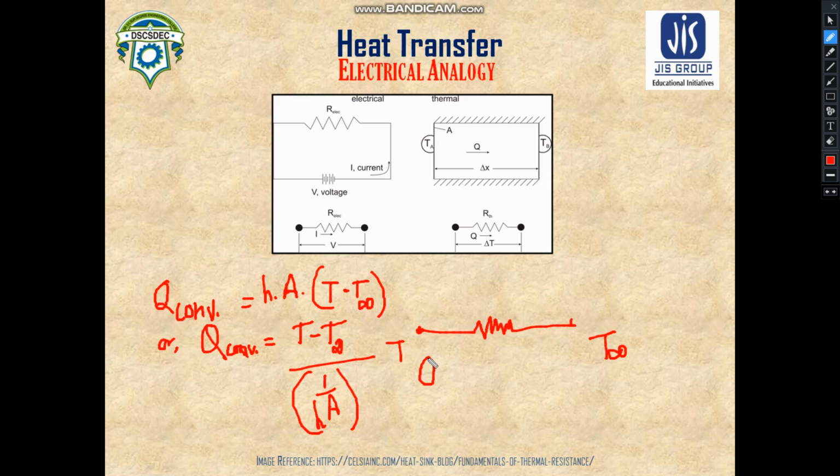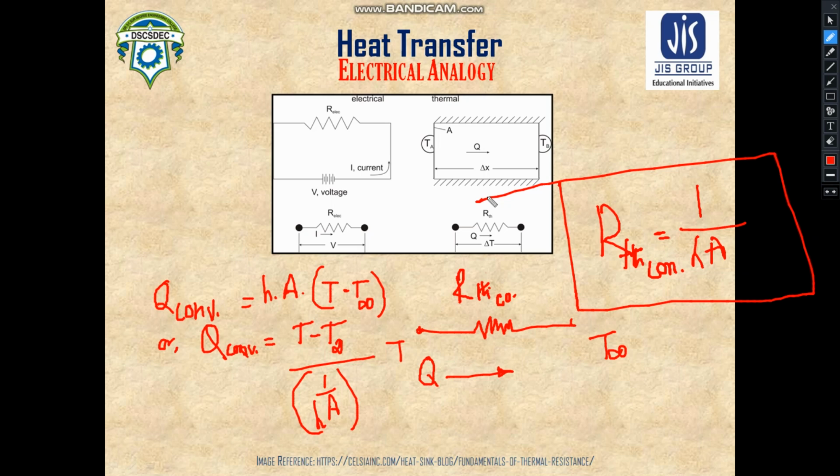Obviously, because of the temperature difference between T and T infinite, this is the heat transfer Q. RTH convection is a thermal resistance which can be written as 1 by HA. So this is your convective thermal resistance.